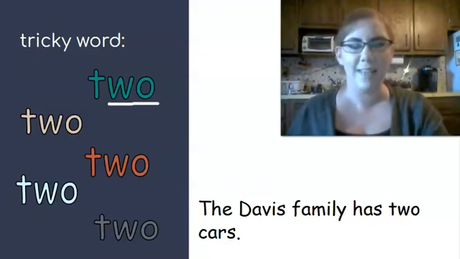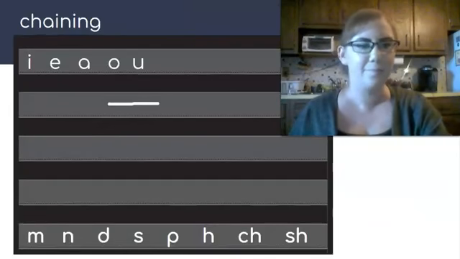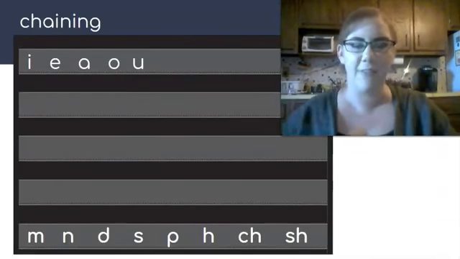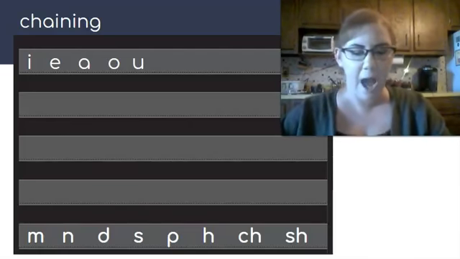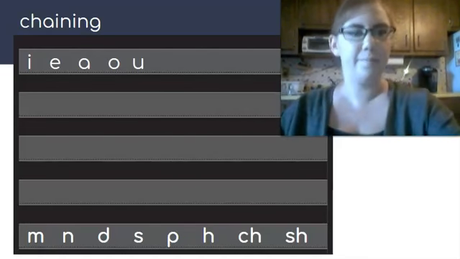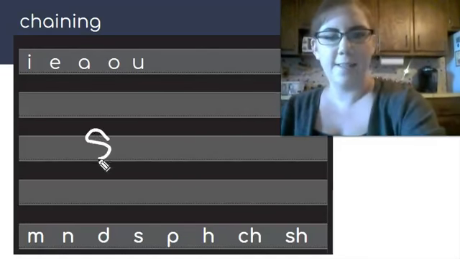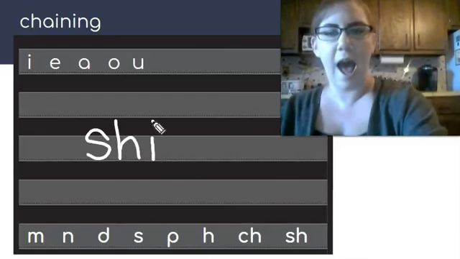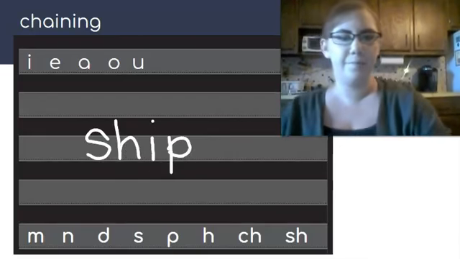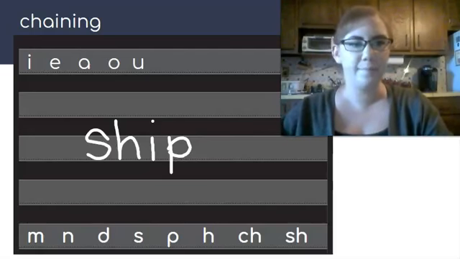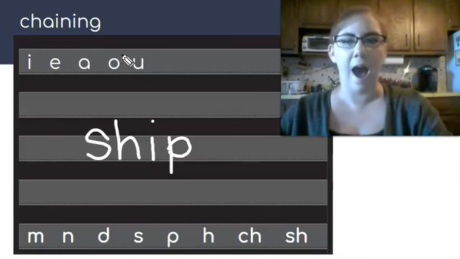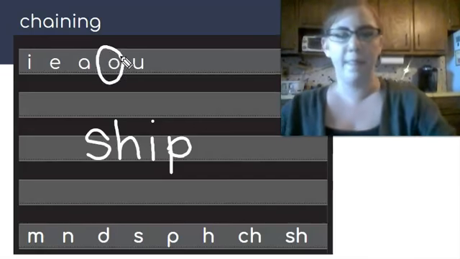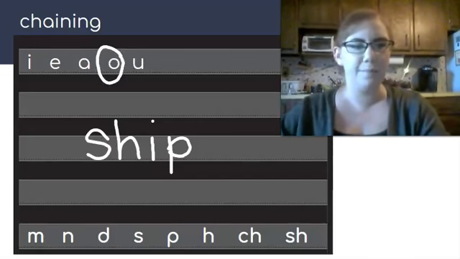Let's make some words and then we'll be all done for today. Here are the letters I've got to work with today, and I have our digraphs down at the bottom. I'm going to start with this word. S-H-I-P. Ship. Now if I change the I to ah, what word will I have?